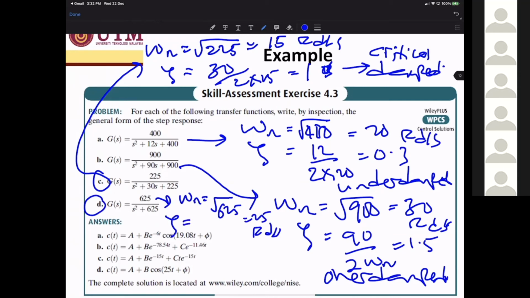Category? Undamped. Zeta kosong, undamped. Betul tak? Betul, Prof. Okay.